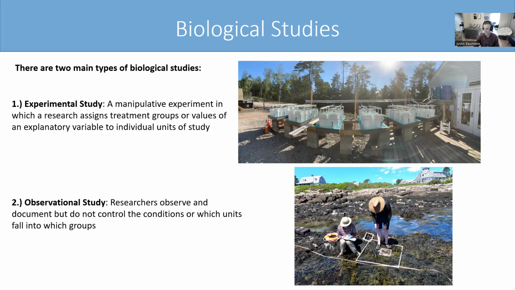They didn't manipulate anything. They just counted and observed what was there. So we have our experimental study, highly manipulative, and our observational study, where we basically just document stuff. So both are valuable. They're very different. And the way we sample can be very different. We'll talk about lots more examples of this as we go through the class.